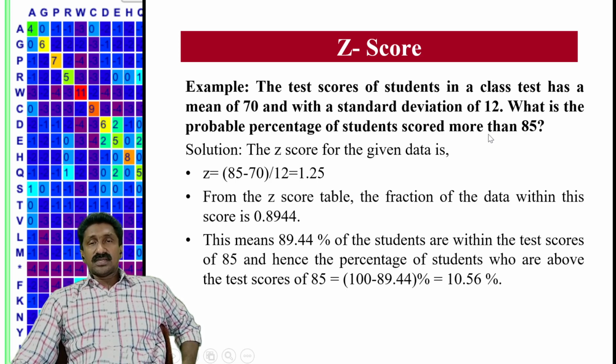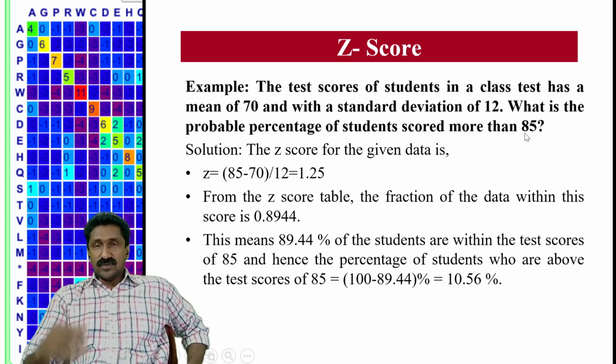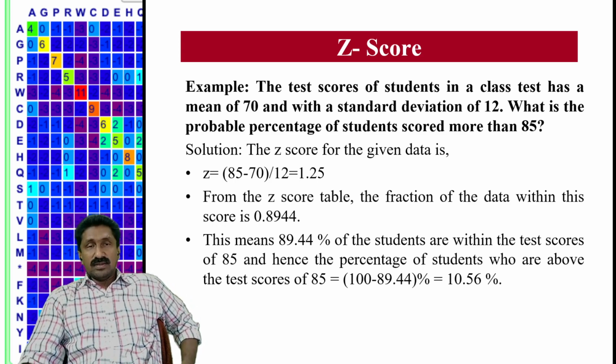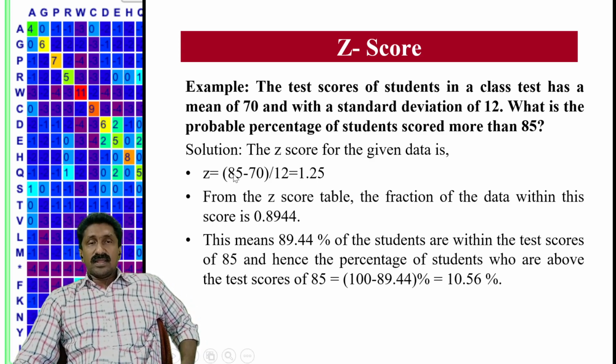What is the probable percentage of the students who scored more than 85? If you want to calculate that, this is the formula for the z-score: from the 85, that is the expected value, you subtract the mean, and you divide by the standard deviation, and you get a score. The z-score of the given data is 1.25.